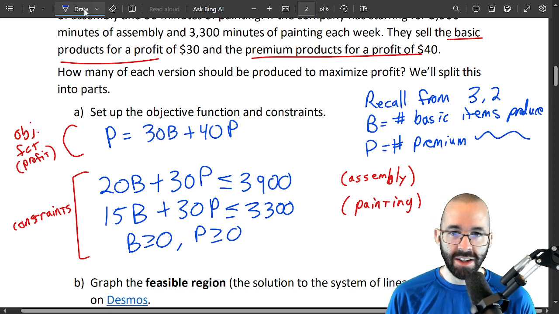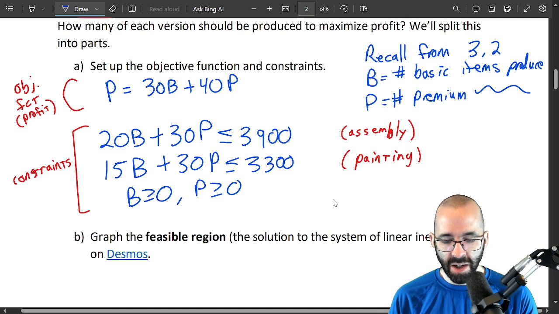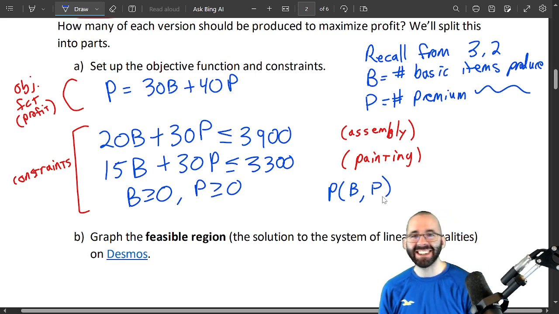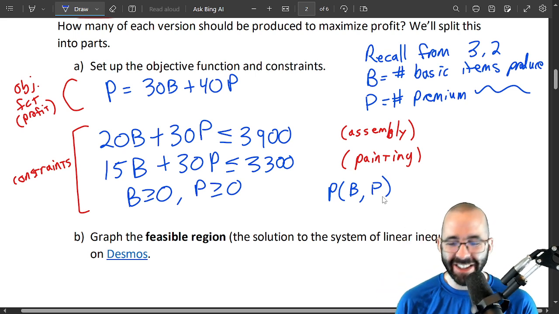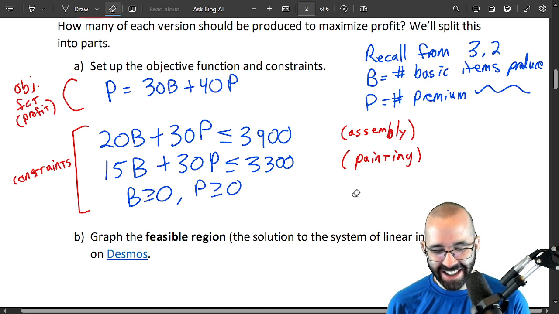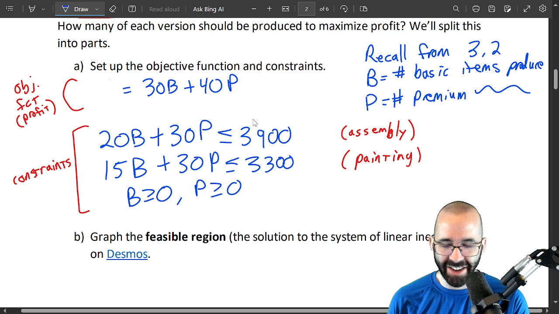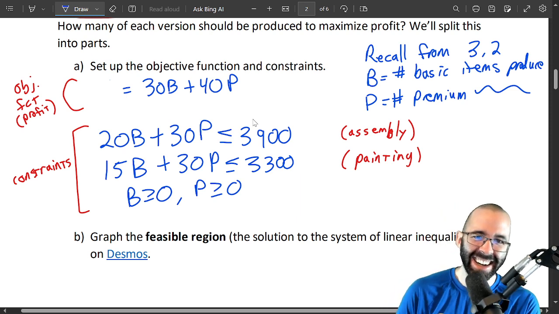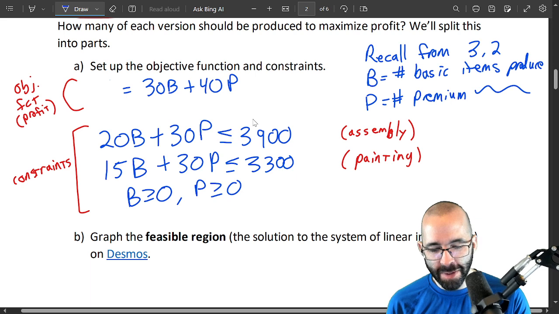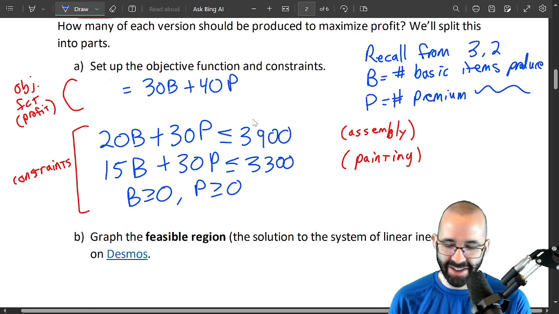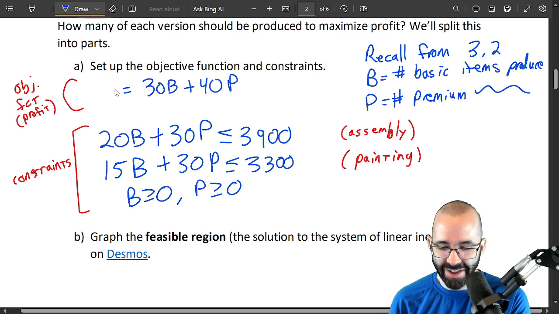Fun little fact, if we did use function notation here, we could write that as P of B, comma. Oh gosh, this is a disaster. I just noticed we can't have P mean two different things. That's silly. Let's have profit be little p.